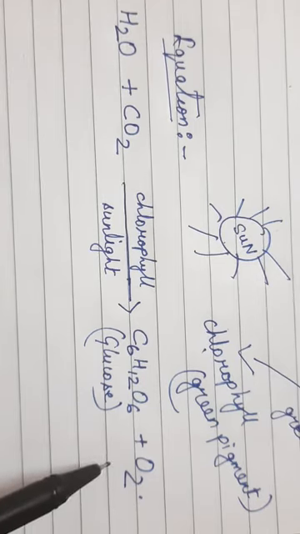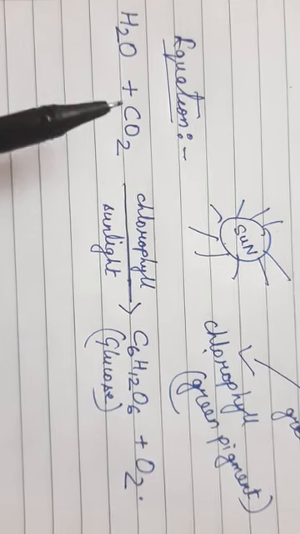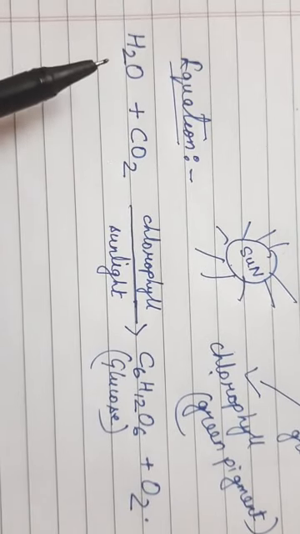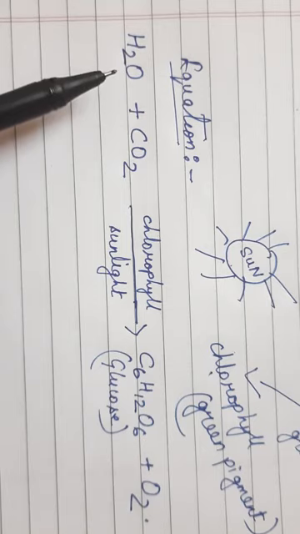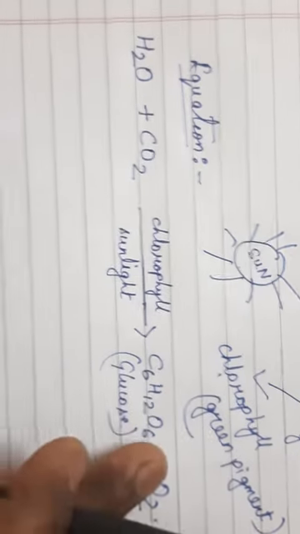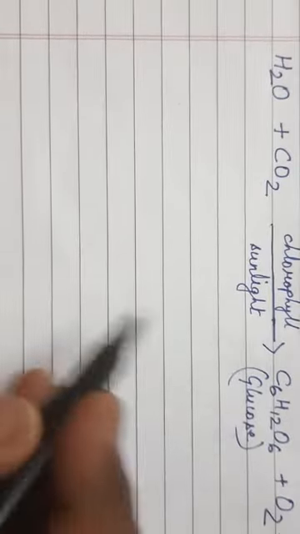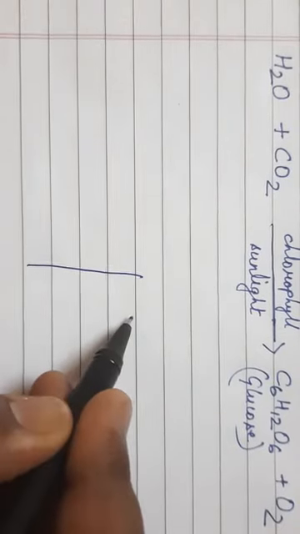This is the process. Now, just now I told you that in the process of photosynthesis, water has to be absorbed by the plants. Now, how does this water which is absorbed by the roots of the plant reach each and every part of the plant? For example, you have got a tree.